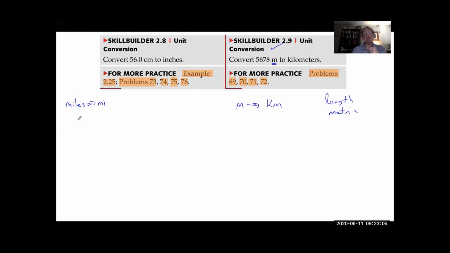Just as a hypothetical, if it was meters to inches, sometimes when you look at the conversion tables, you see a single conversion factor for this. Sometimes it's not listed. But oftentimes when you're going from metric to English system or back and forth, there's an additional conversion factor that's needed.